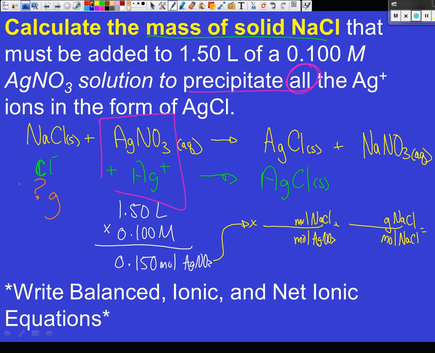Wouldn't it have been really nice if the problem said how many moles of sodium chloride? It would have been really nice, right? Why? You wouldn't have had to find any masses, because masses are a pain in your butts. All right, what is your mole to mole ratio? 1:1. Well, that's good. And some of you actually already have the mass of sodium chloride memorized.